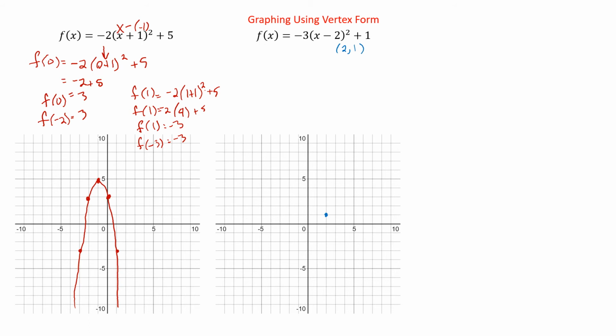So let's plug in 1. We'll have negative 3 times 1 minus 2 squared plus 1. 1 minus 2 is negative 1. Squared is positive 1. So when we plug in 1, we get negative 3 times 1 plus 1, which will be negative 2.